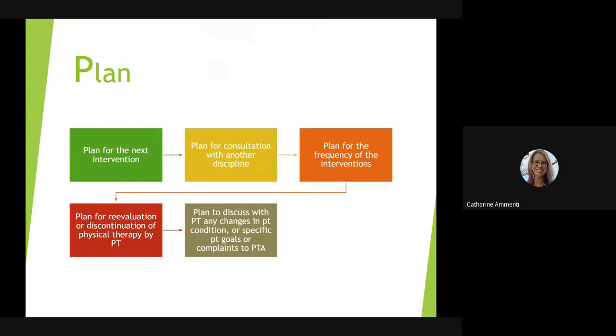Maybe they're not being met and they need to be modified to a lower level of a goal to refocus what the therapy is going to be concentrating on. And any plans to discuss with PT the changes in the patient's condition or specific patient goals, or any complaints that the patient has to the PTA. You can put that in the plan.